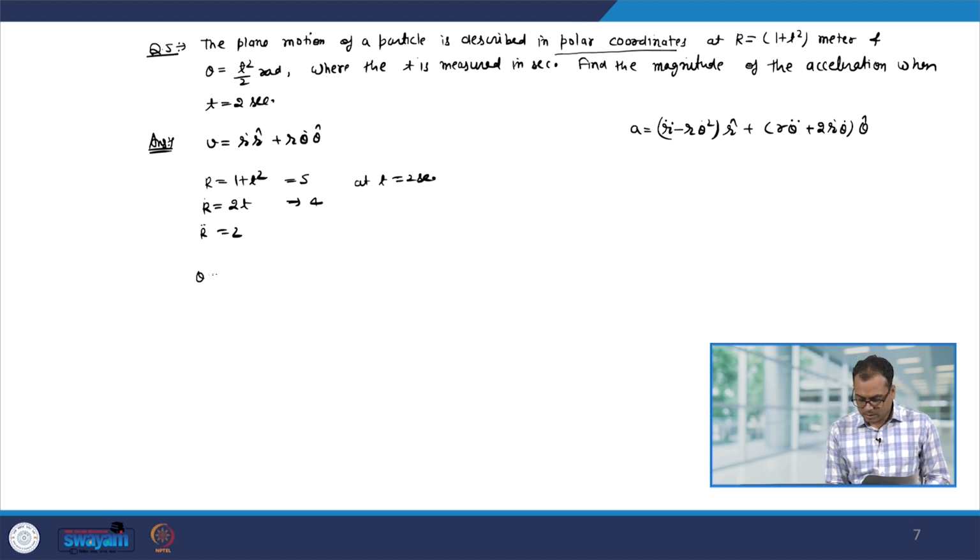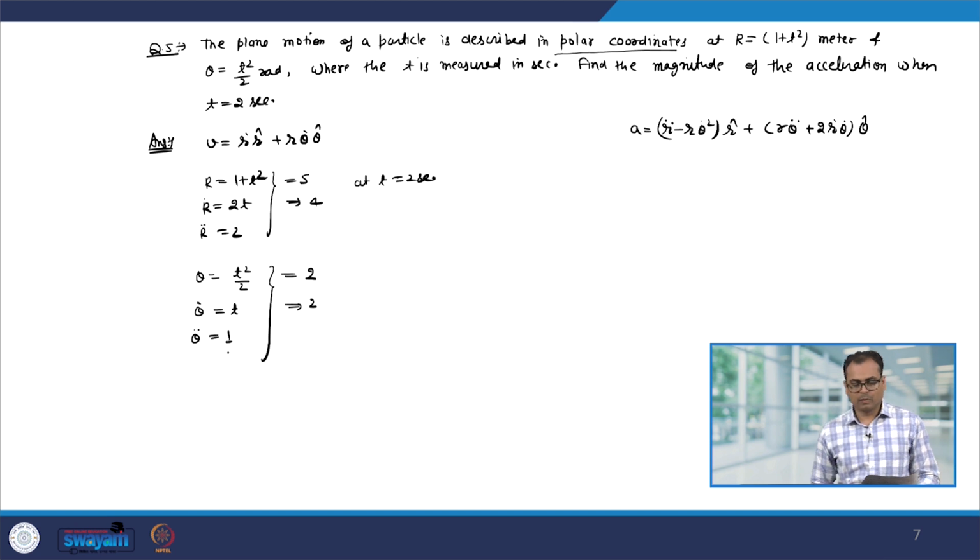Now, theta is t square divided by 2, therefore theta becomes 2, theta dot becomes t, so putting t equal to 2, this again becomes 2, and theta double dot becomes 1. Let us put them above.